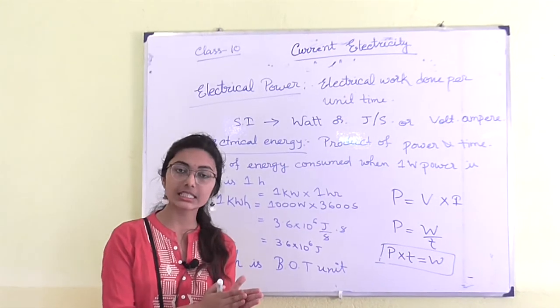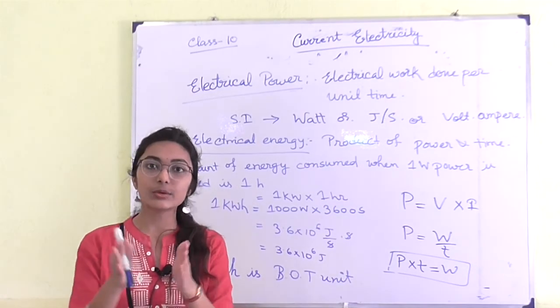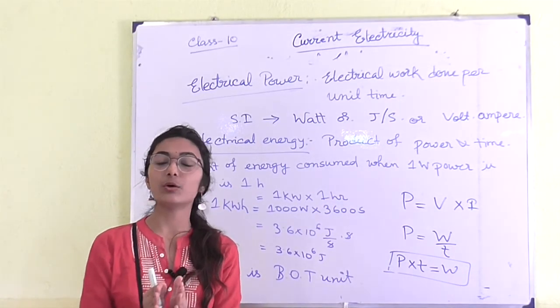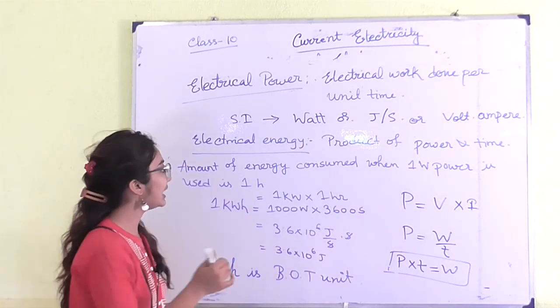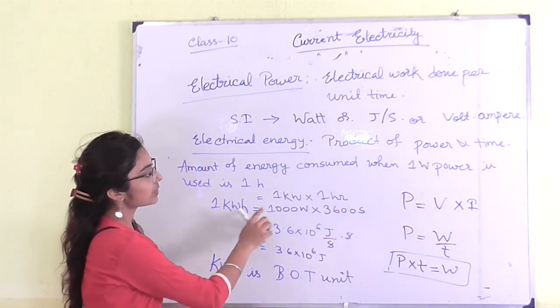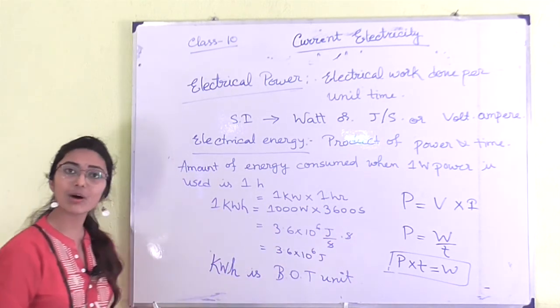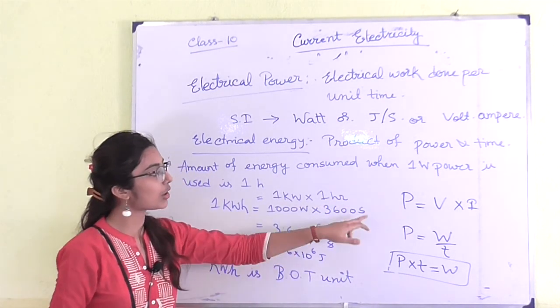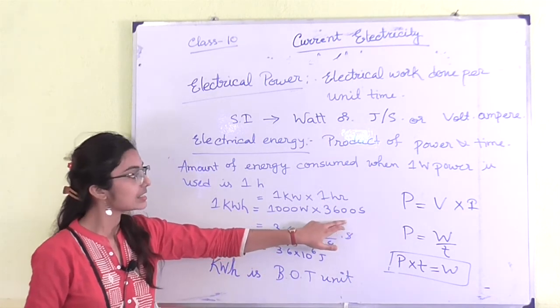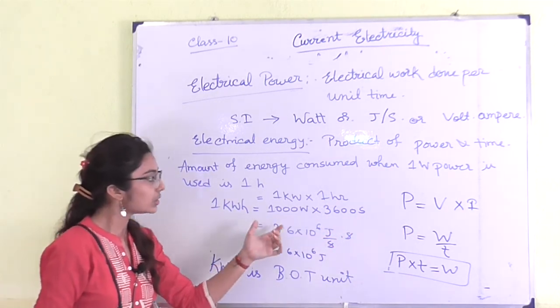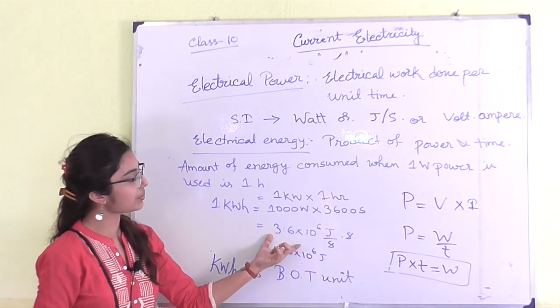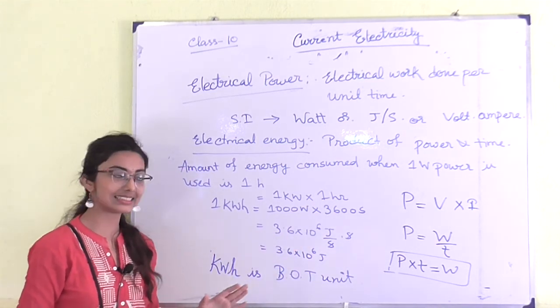So kilowatt hour is equal to 1 kilowatt into 1 hour. 1 kilowatt means 1000 watt, and 1 hour must be converted into second, that is 3600 second. So by multiplying we get 3.6 into 10 to the power 6.